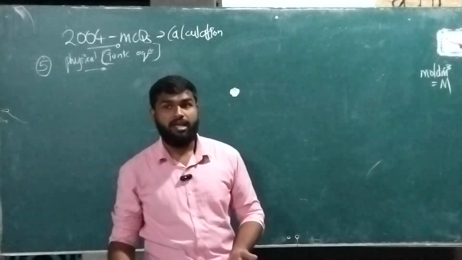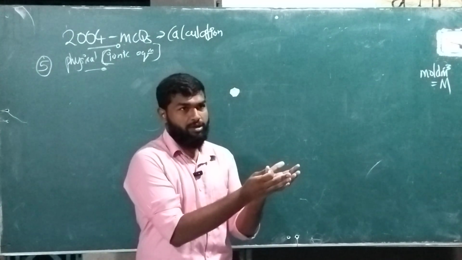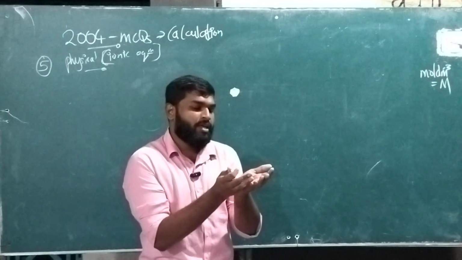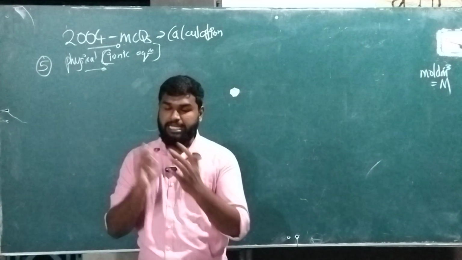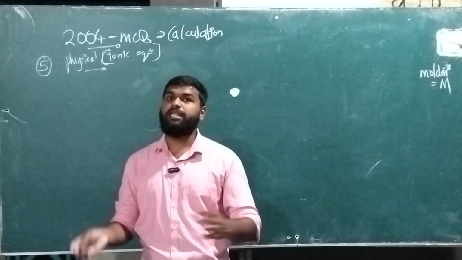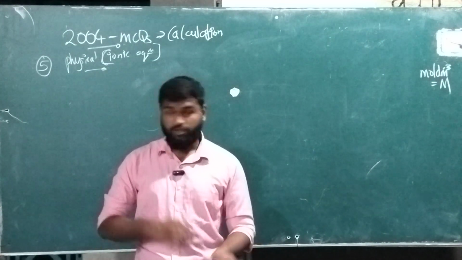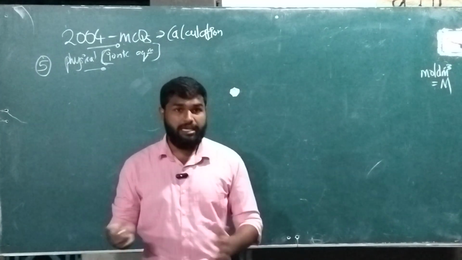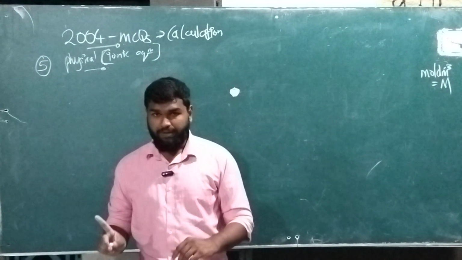Arrhenius theory said the substance that is able to completely release H plus and OH minus in their respective medium can be said to be a strong acid and strong base respectively. So this is actually in the ionic equilibrium part.